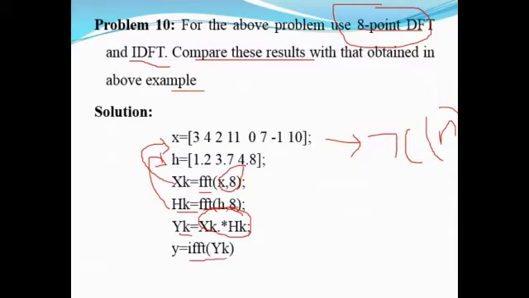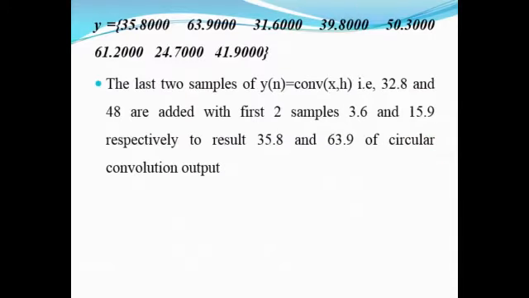Then we find the inverse of this y of k, resulting in the sequence y of n. So that is what we require. Since this is a linear convolution, we are going to relate it with the circular convolution by finding y of c based on y of l.